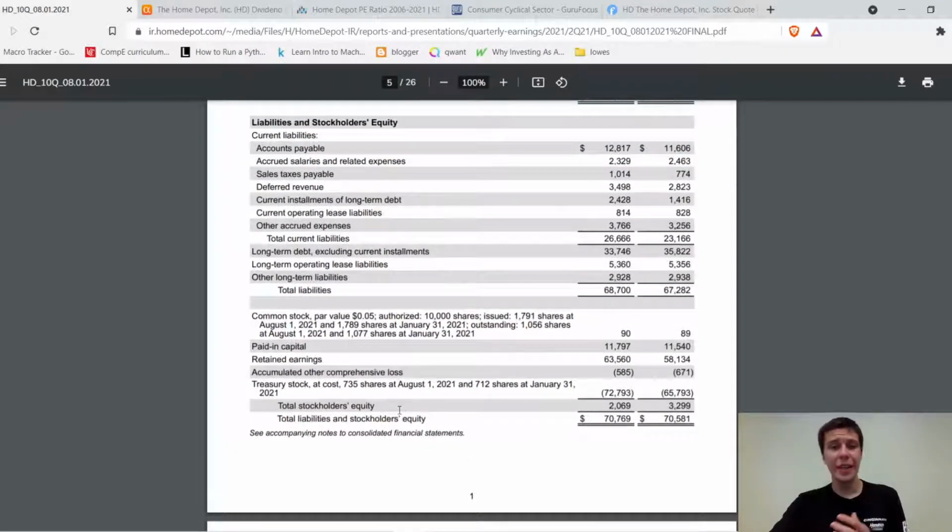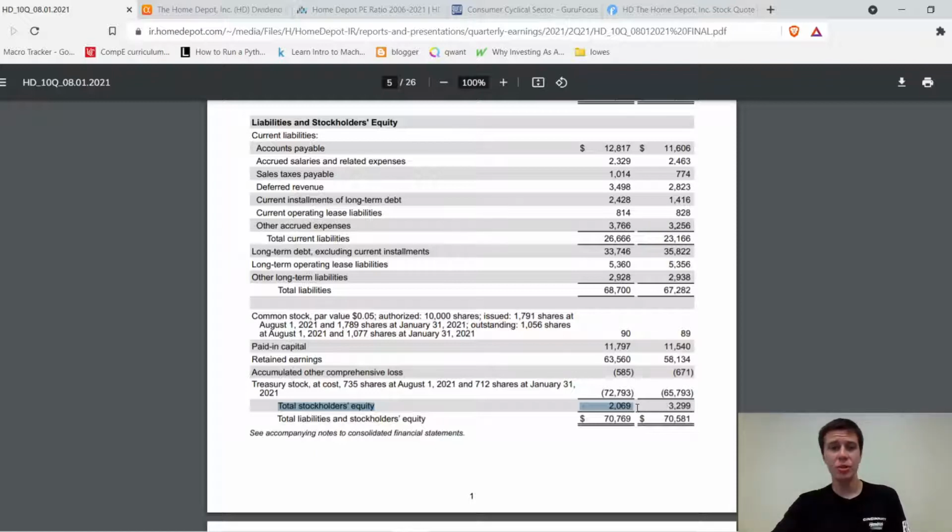The one thing that I did notice on Lowe's balance sheet that I haven't really taken the time to look at yet, or learn more about, but I'm going to be trying to do that in the next month or so. So maybe I'll share some of that information with you guys. On Lowe's balance sheet, their stockholder equity, which is basically the total assets minus the total liabilities, was actually negative.